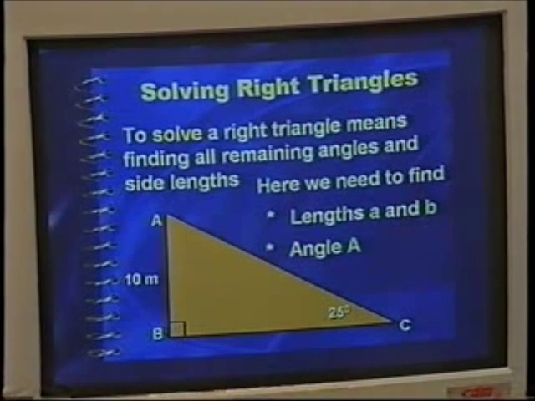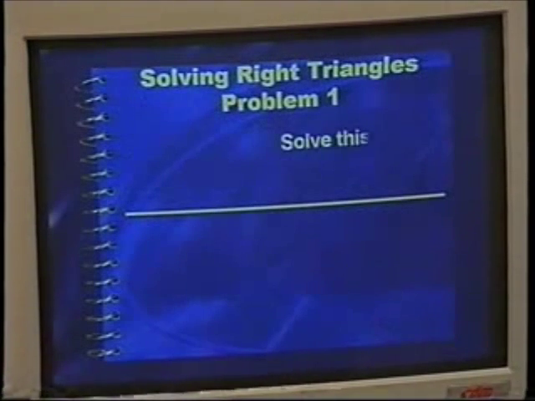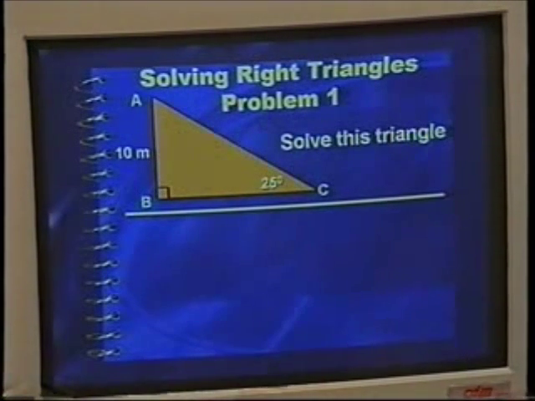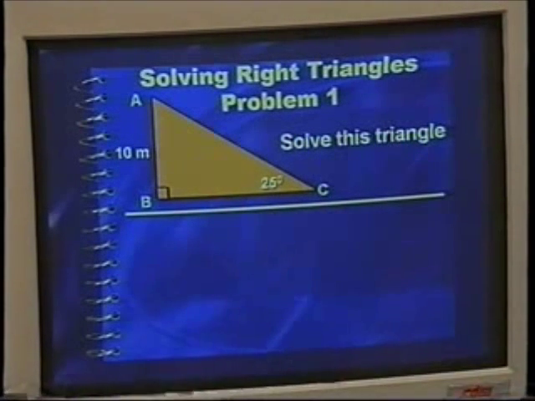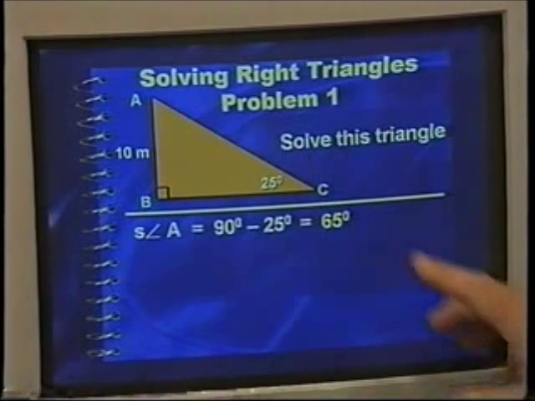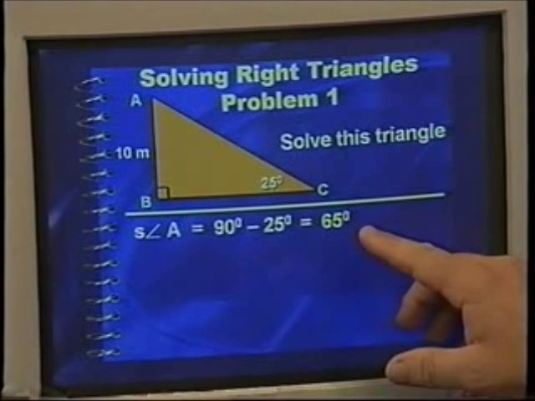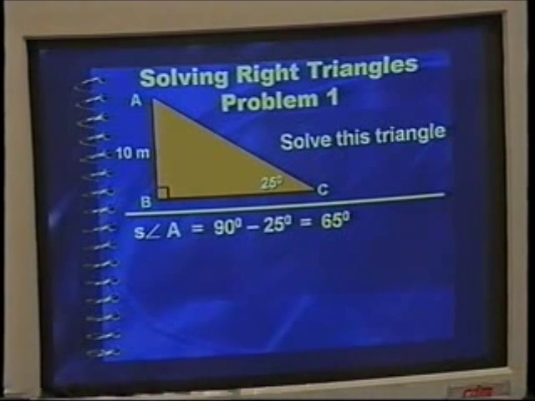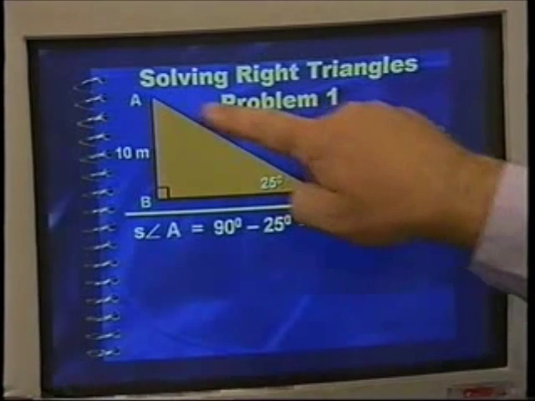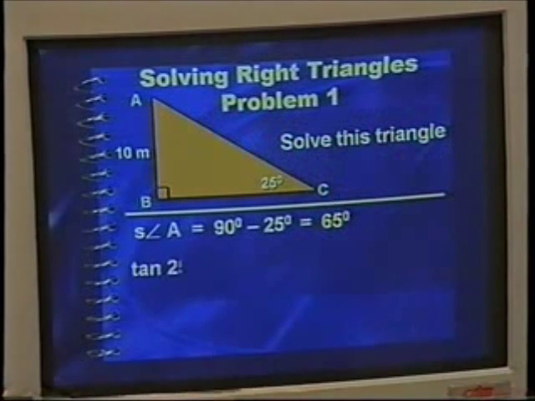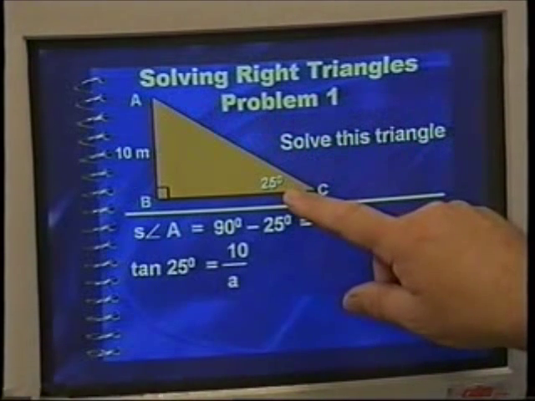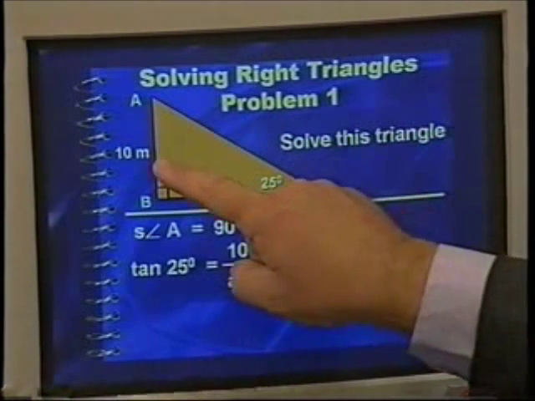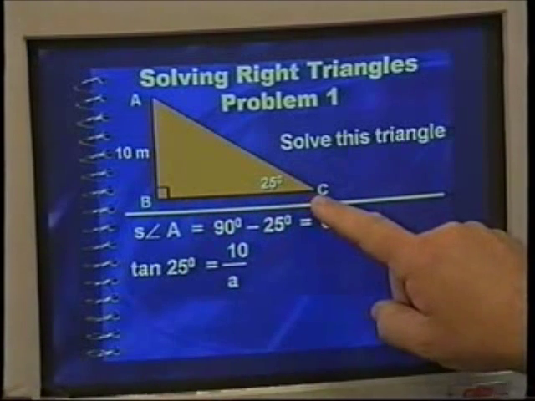Let's actually do this problem and solve this triangle. So here we've got the same triangle with the same angle size there, 25, and the same length there, 10. How do we go about it? First of all we can find the size of angle A, which must be 65 degrees, because those two angles must add up to 90 degrees. Then we have a look at the tangent ratio, because the tangent ratio is the opposite over the adjacent.